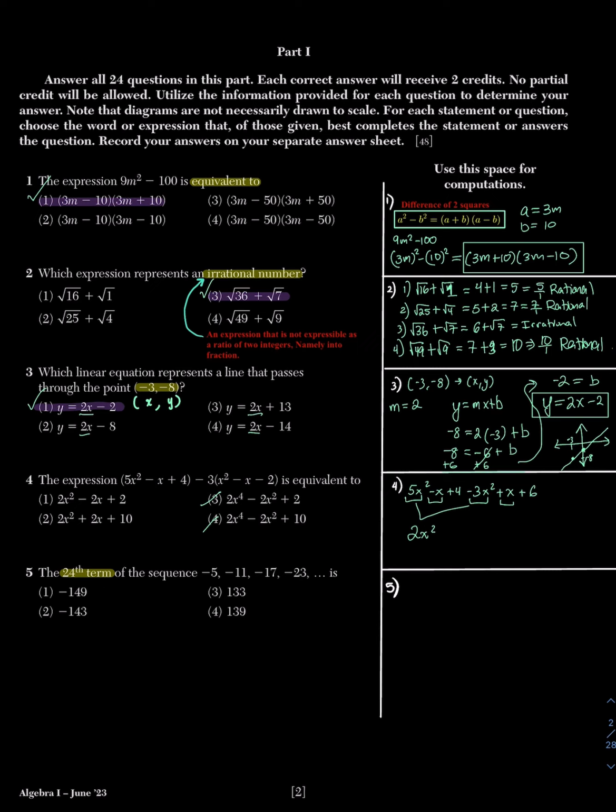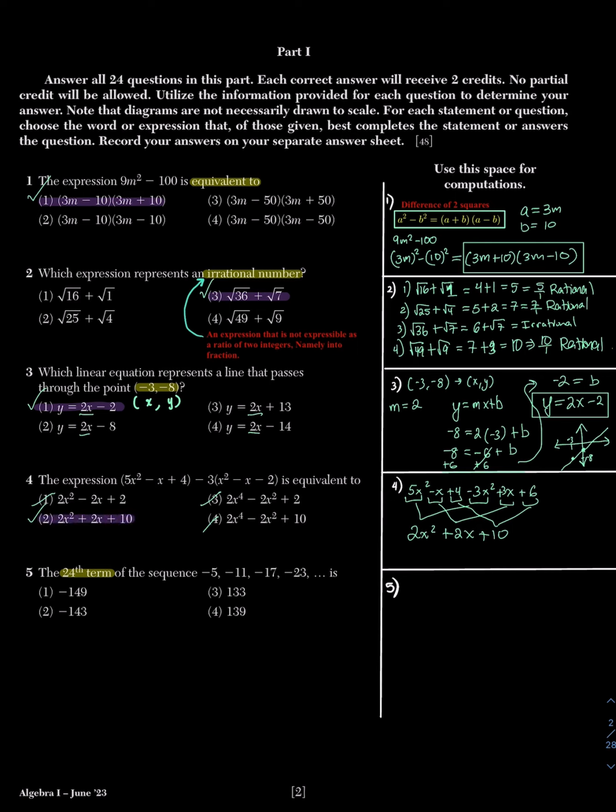This is supposed to be a positive 3. And that gives us positive 2x. So that eliminates choice 1 because that has a negative value for 2x. And then we can combine the last 2 terms, positive 4 and positive 6, which based on simple arithmetic gives us the value of 10, hence making choice 2 the correct answer. So choice 2 is the correct answer.